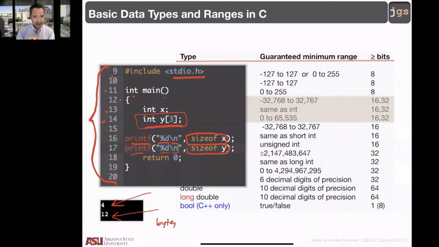For bytes, 32 bits. The computer in which I run this program is able to give me 32 bits, 4 bytes for my integer. Why the second one? Y is 12. It's an array of 3 integers, 3 times 4.